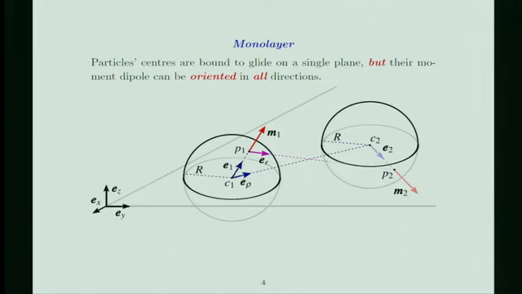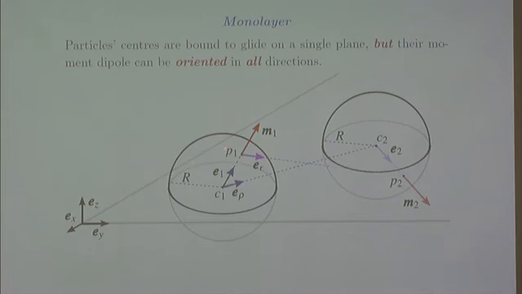two-dimensional system of monolayer in which all these particles are bound to glide on a given plane. So this is a plane upon which the centers, C1 and C2 and Cn, of course, of these particles are bound to glide. But you see these are point dipoles which point outwards, and you see that the point dipoles are away from the center.